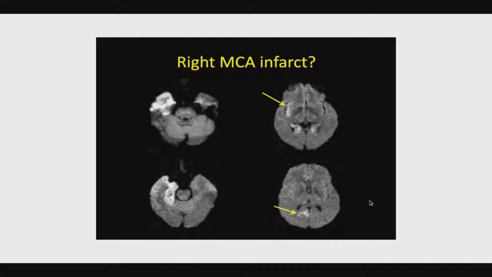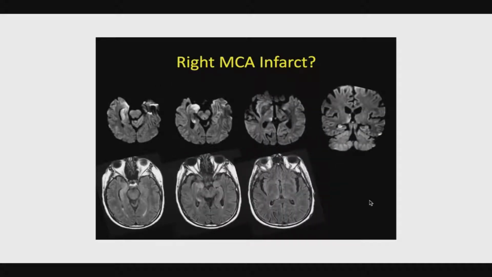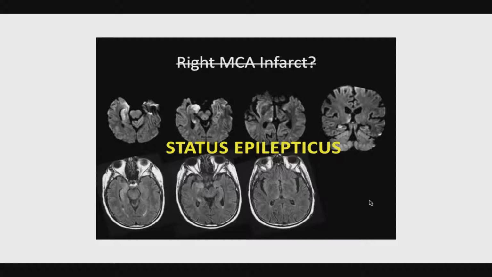This is the MRI DWI, which shows restricted diffusion in the right temporal lobe. This was thought to be a stroke, but turned out to be herpes encephalitis. This is another patient that had an area of restricted diffusion in the right medial temporal lobe that turned out to be status epilepticus.